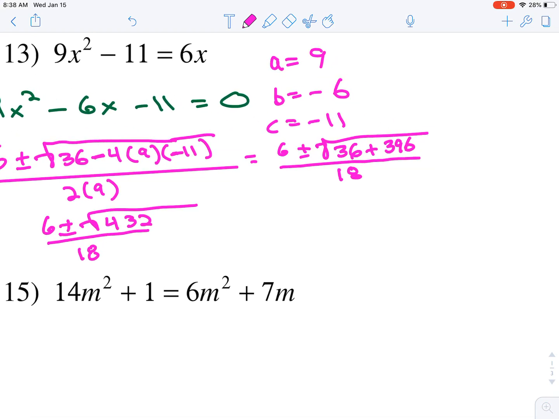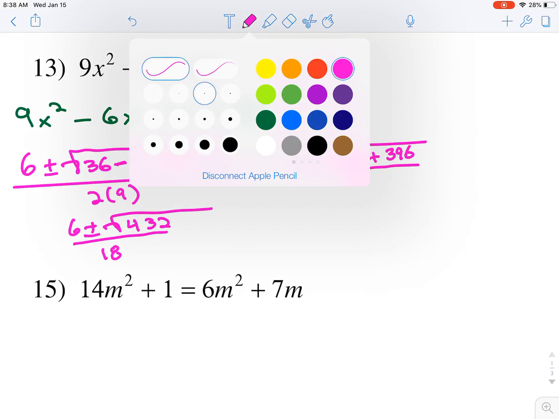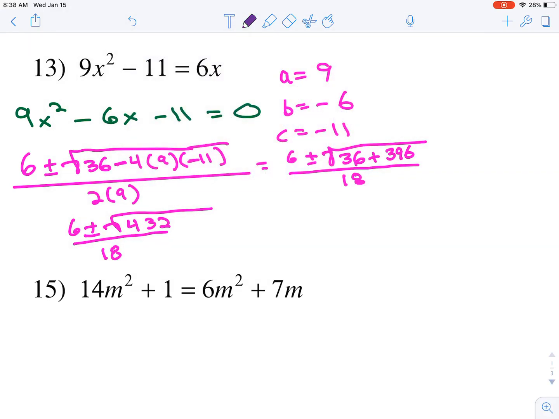Tough part about this problem is breaking down 432 properly. Now the ones on the test aren't going to be this big, okay? I expect you to break down things like the square root of 80, something like that, maybe a little bit bigger, maybe like 120. So I'm just going to help you a lot with this one and tell you that the perfect square that we need is 144 times 3.